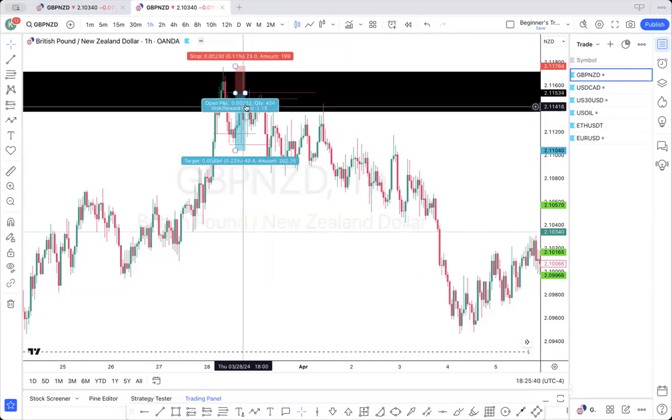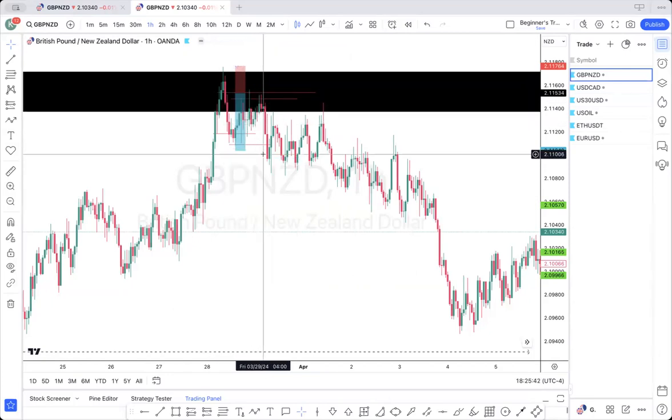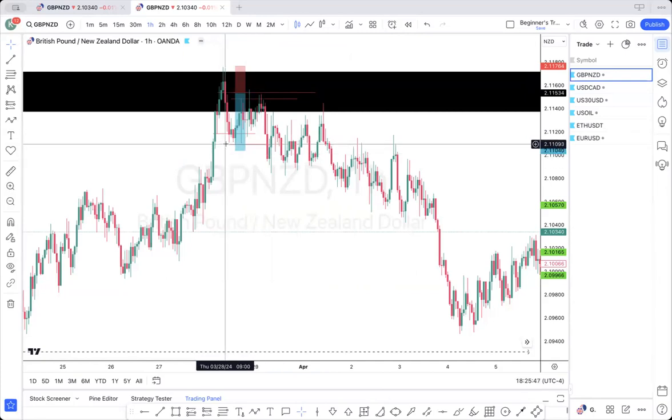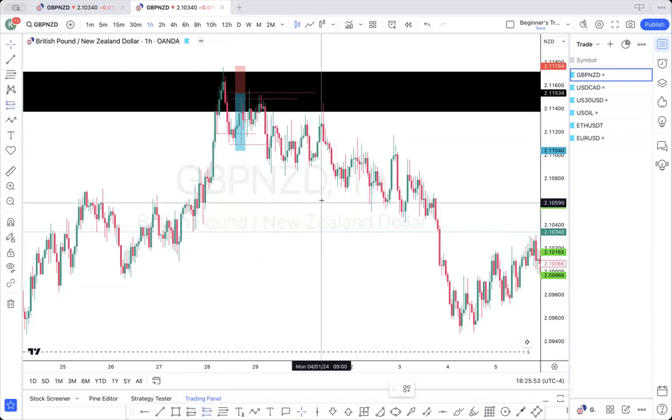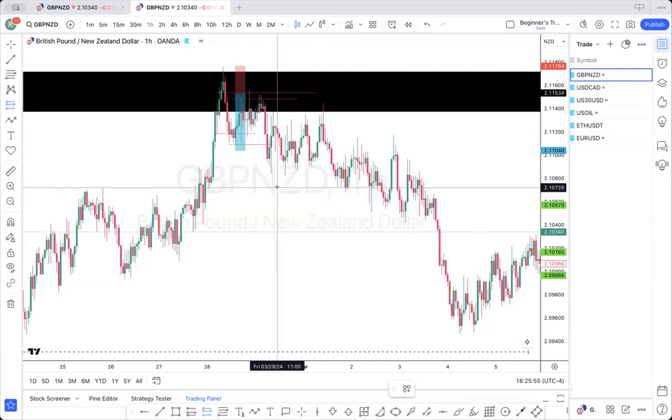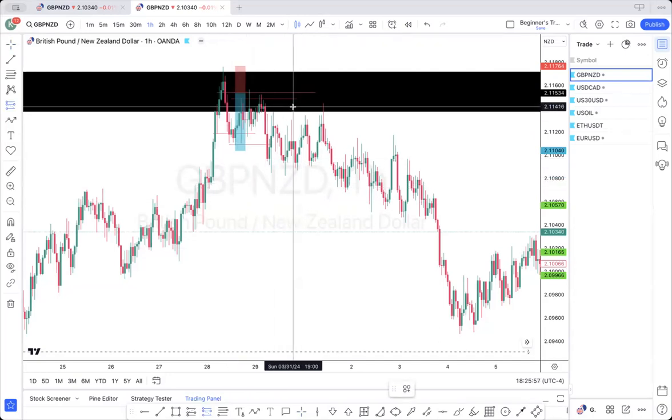You could have either waited for that, or for confirmation that it is going to be selling. It broke another level of structure, right? So what do we wait for once it breaks structure? We wait for the pullback.